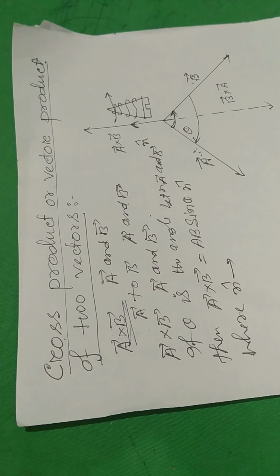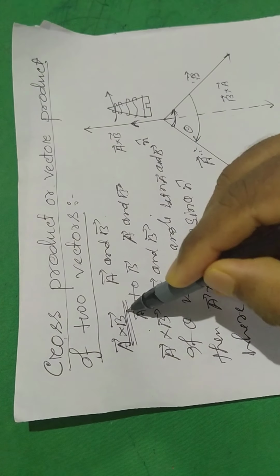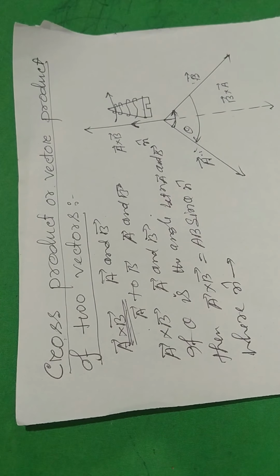The direction of vector A cross B is found by using right-handed screw rule or right-hand thumb rule.